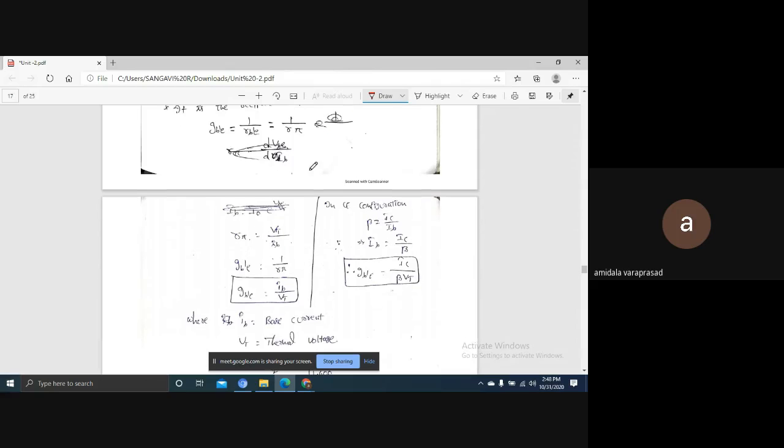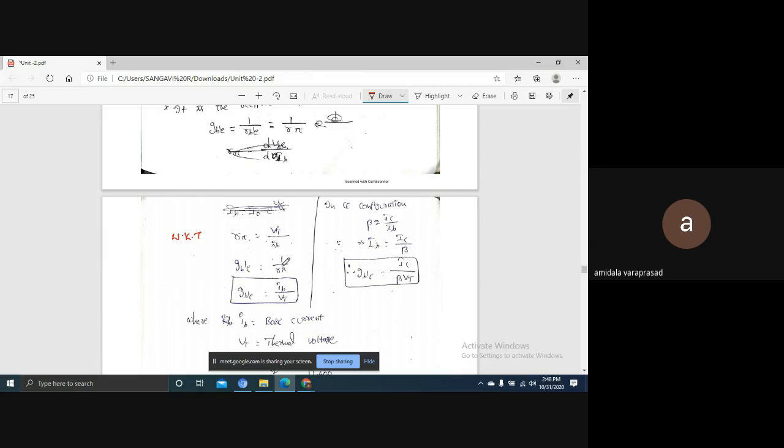Before that we discussed resistances and found R pi and R mu. R pi is equal to VT by IB. Then G dash is equal to 1 by R pi, which is IB by VT.